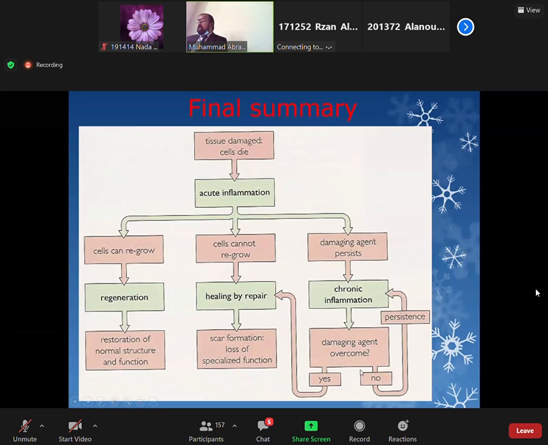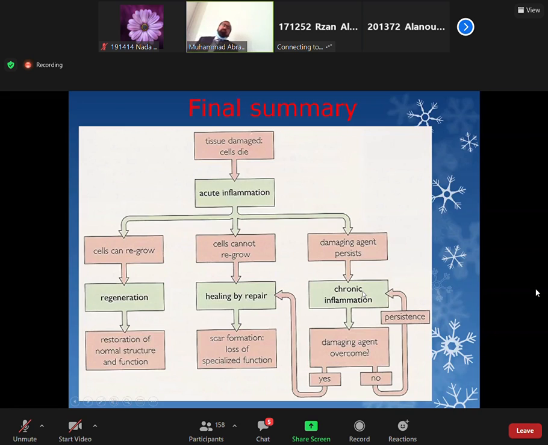And if the damaging agent is not overcome, what will happen? It will keep doing persistent chronic inflammation. And this process you usually see in rheumatoid arthritis, in which the causative agent has not been overcome, and the patient will be having inflammation continuously.